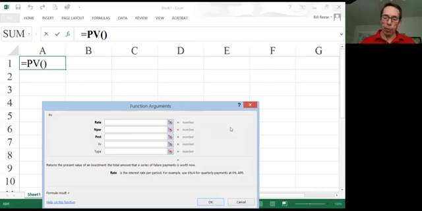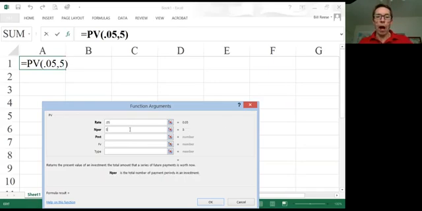Our interest rate is 5%, 0.05, or I could type in 5%. The number of periods is 5, and under payment, PMT, we're going to put $1,000.